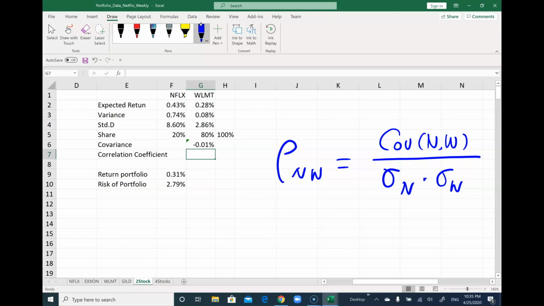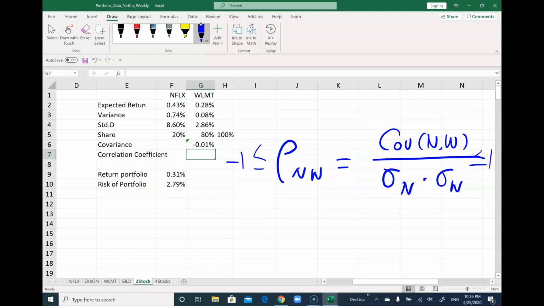So the correlation coefficient has a value ranging between -1 and +1. Just by looking at the value of a correlation coefficient, we can easily identify the relationship between the two variables. In the case of the covariance, whenever the unit of measurement changes, the value of the covariance changes.